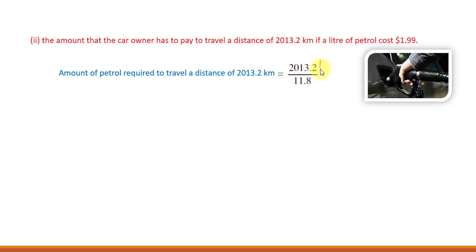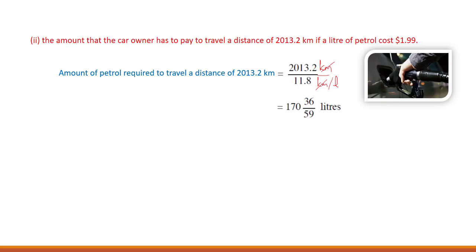As we know, this is in kilometers and that amount was in kilometers per liter, that is, in 1 liter the car can travel 11.8 kilometers. Now kilometer divided by kilometer will be cancelled, and when you divide 2013.2 by 11.8, the answer will be 170 whole 36 upon 59.